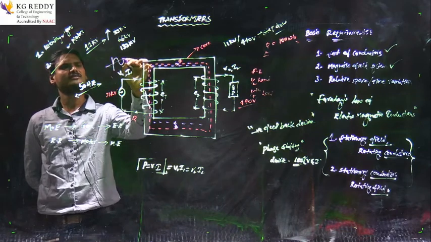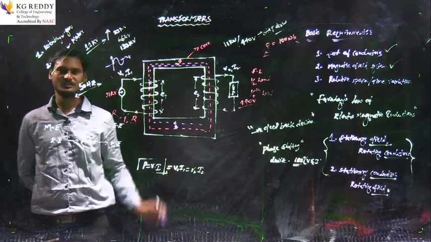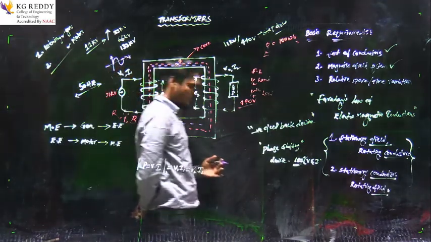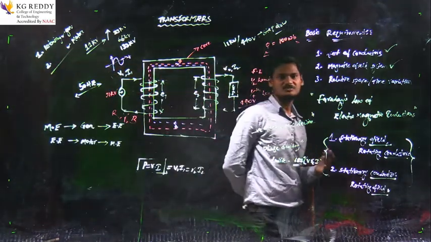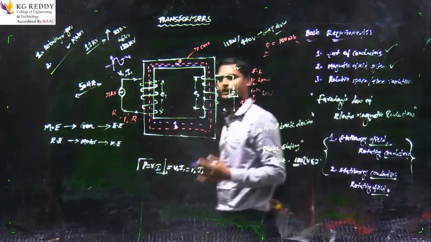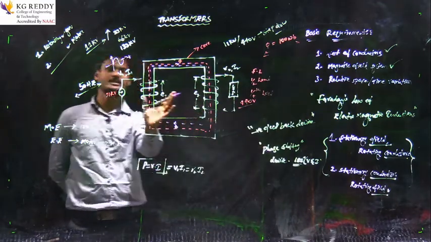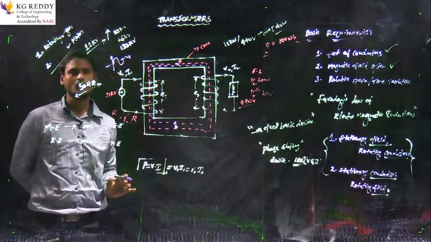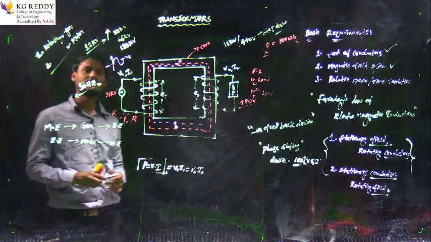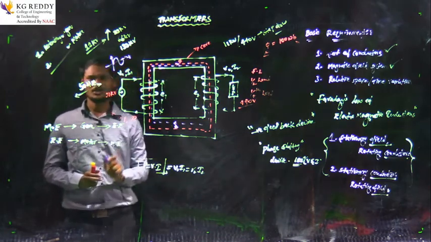Because I am giving the supply of AC. With respect to time, the voltage magnitude and the current magnitude will change. When the voltage and current magnitude change, automatically the flux produced in the magnetic core will change. So, the second configuration exactly matches with our transformer operation. So, the transformer also works on the principle of Faraday's laws of electromagnetic induction.